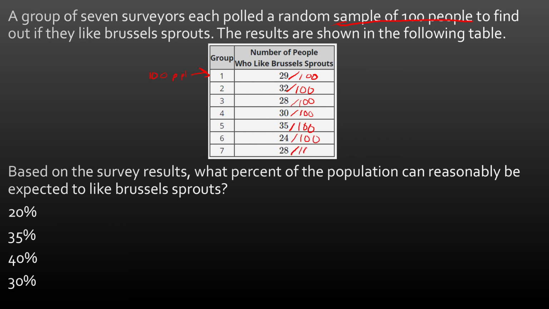And if I look at the numbers, they're all giving me around 30, right? Some are above, some are below, some are exactly at 30, but they're all around this number 30. So I'd say around 30% of people are going to tell you that they like Brussels sprouts.